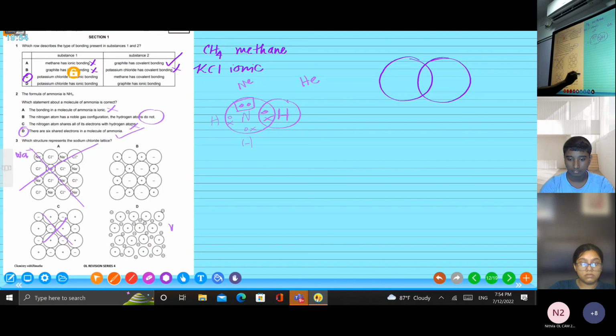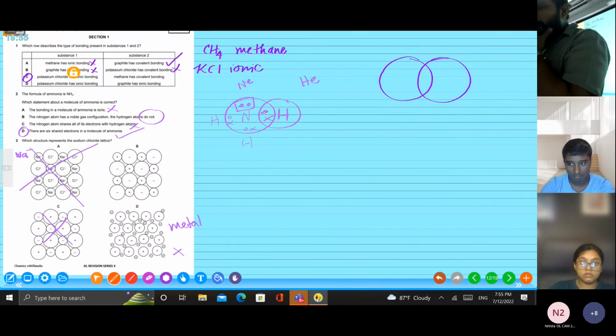And this is basically a metal, right? So this is wrong. Why did I cross these two in the middle? Because they are wrong structures anyway. They can't exist. The last one is a metal, at least. It's not applicable for the question. Sodium chloride is ionic. You need positive ions and negative ions. Negative ions are usually bigger because they have a lot of electrons.